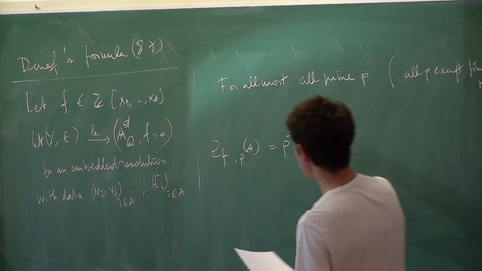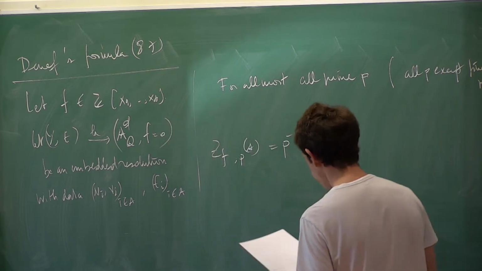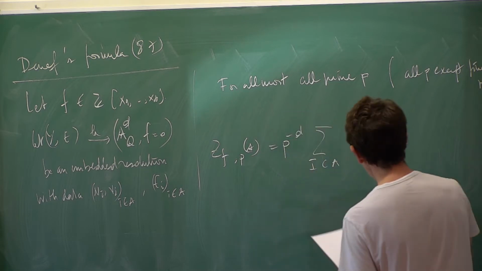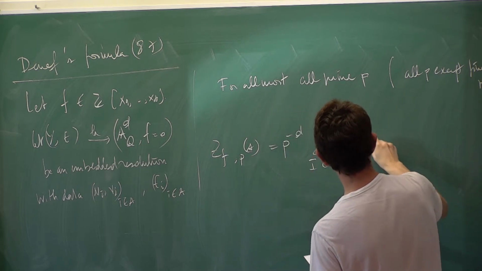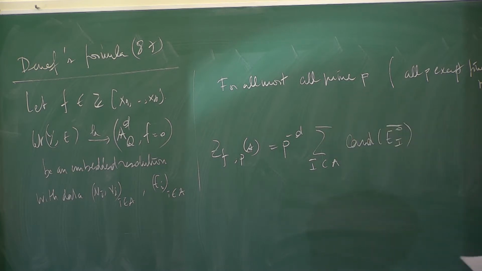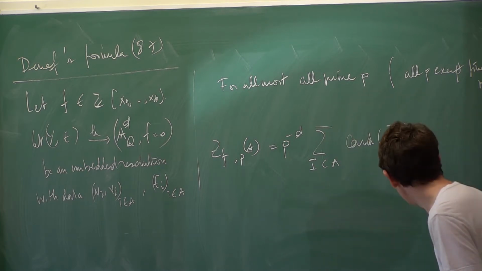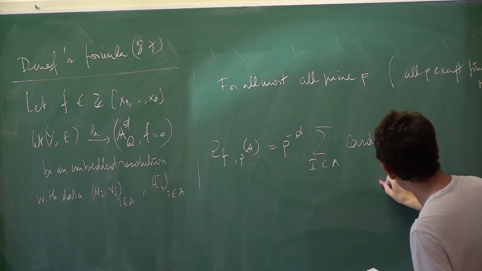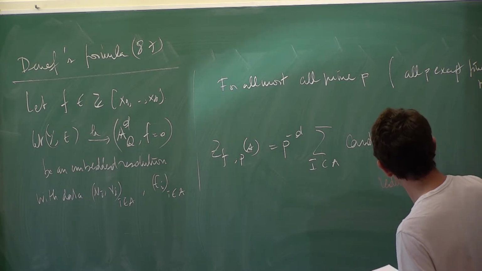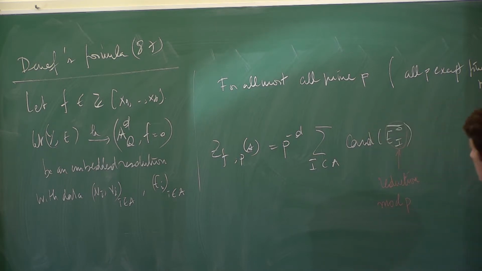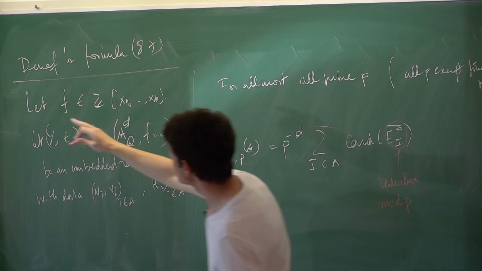So p^{-d}, where d is the number of variables, the sum for I including A of the cardinal of the reduction of E_I^0. So this bar means the reduction modulo p of the component E_I^0.